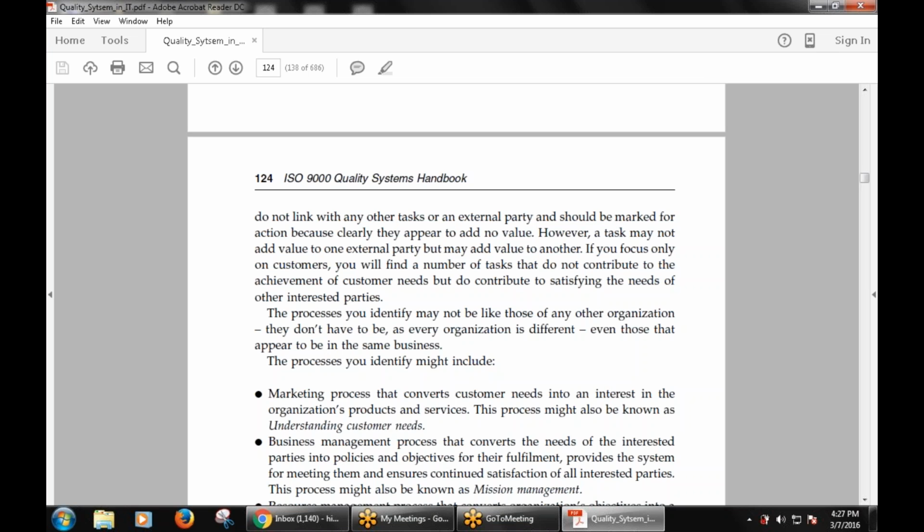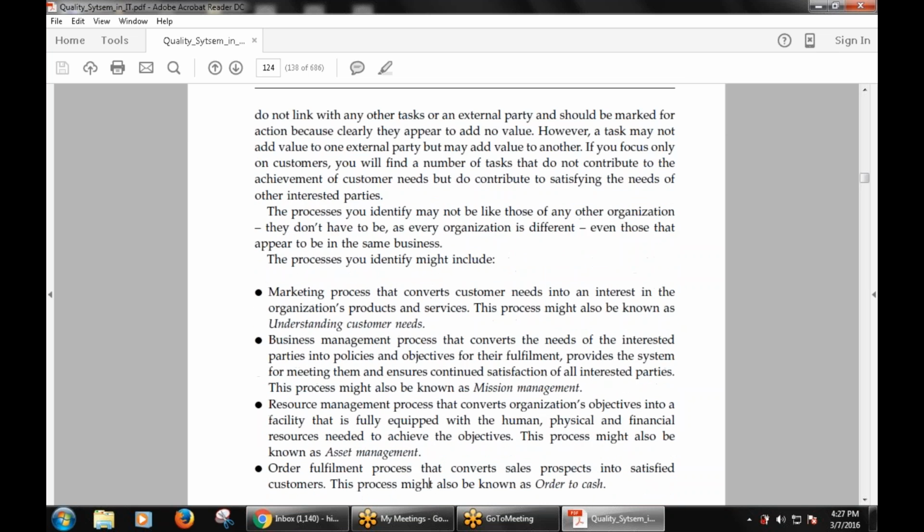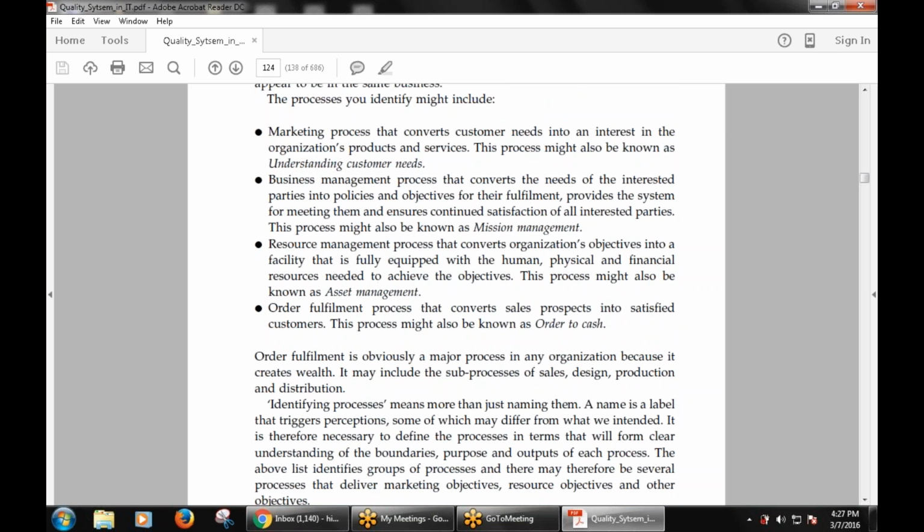That is known as mission management. So one is understanding the customer need, then mission management, then resource management, that is asset management, then order to cash. So these are the various processes. That is one example of the bottom-up approach, moving from the bottom upward.